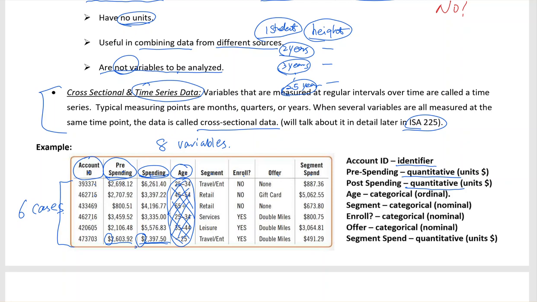If your responses are something like this, then this variable will be quantitative.